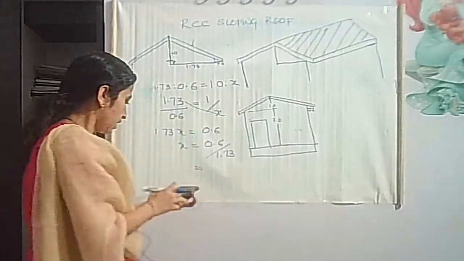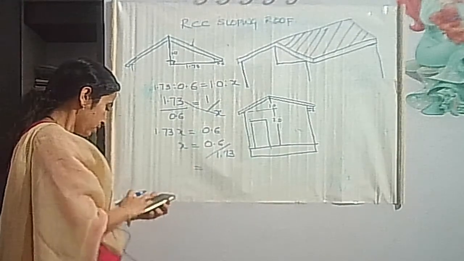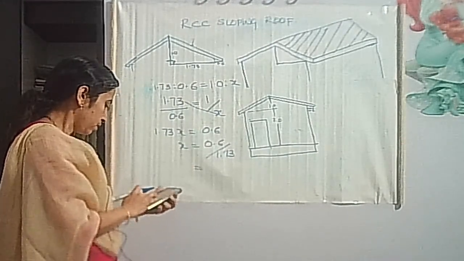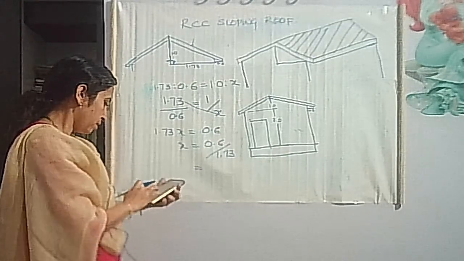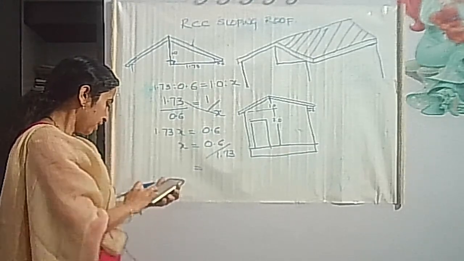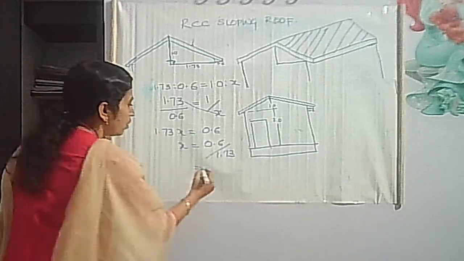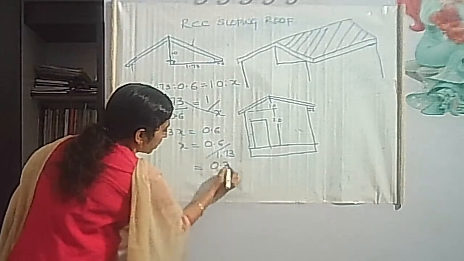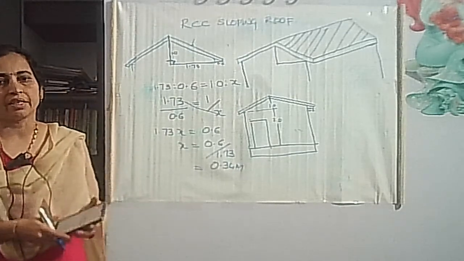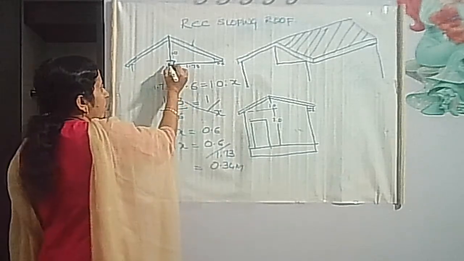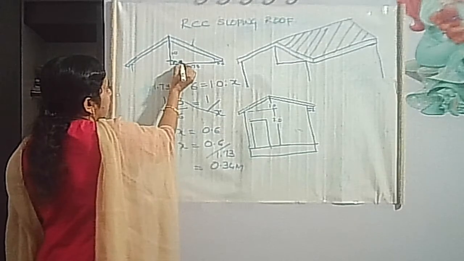You have to use the calculator. So, 0.6 divided by 1.73 is equal to 0.34 meters, that is 34 centimeter. So, we find out this distance, which is 0.34 meter.